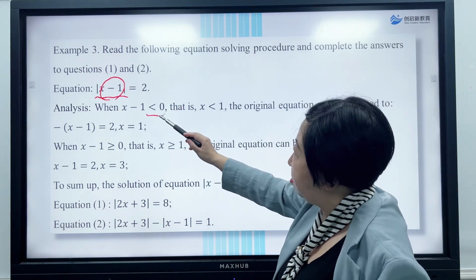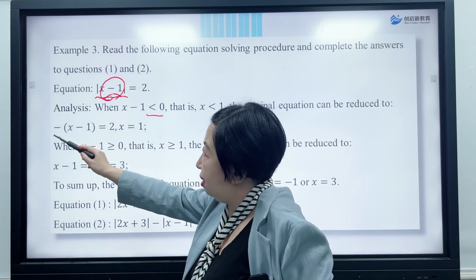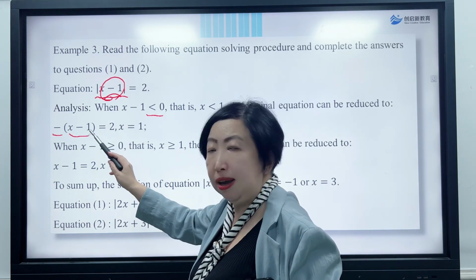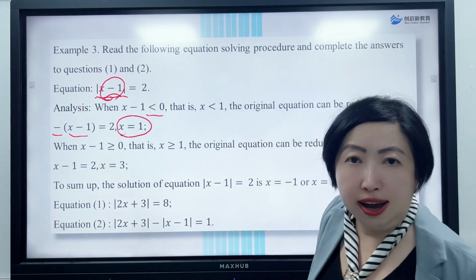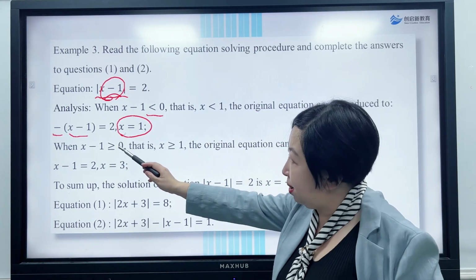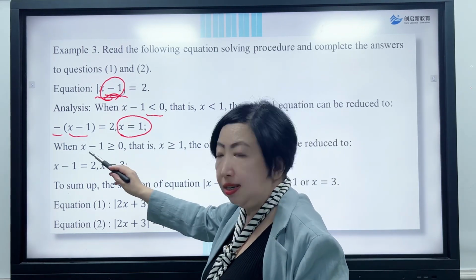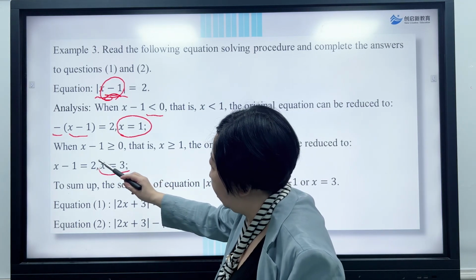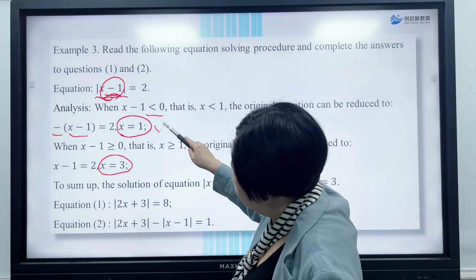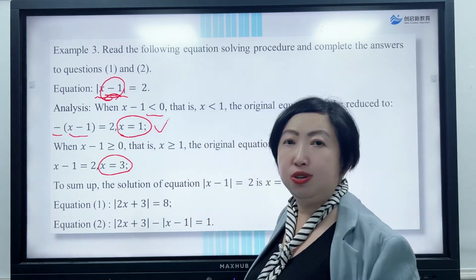If it's less than 0, it's a negative number, so the absolute value equals the negative of x minus 1, and we can find x is negative 1. If x minus 1 is bigger than 0, the absolute value is just x minus 1, so we can find x equals 3. So the answer is x equals negative 1 or x equals 3.